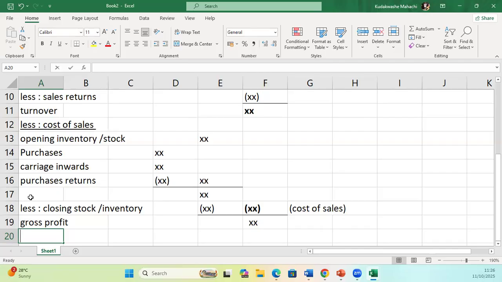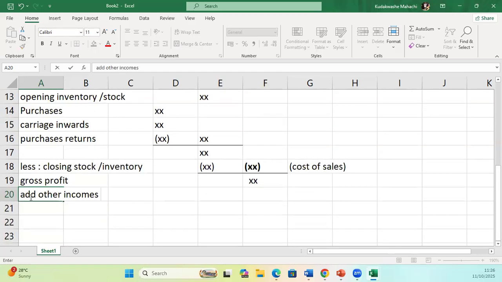So from the gross profit, you add other incomes. Before removing expenses, you add other incomes. Which are the other incomes? The other incomes we are looking at are other activities which can bring income to the business, but which are not the core business of the company.